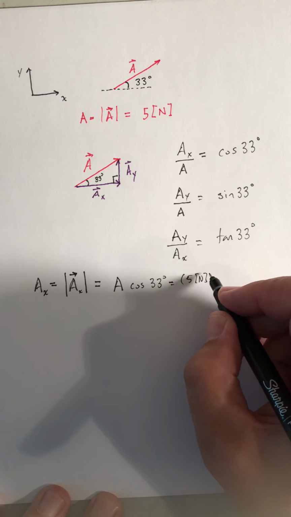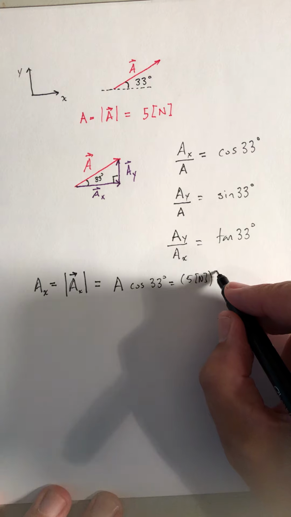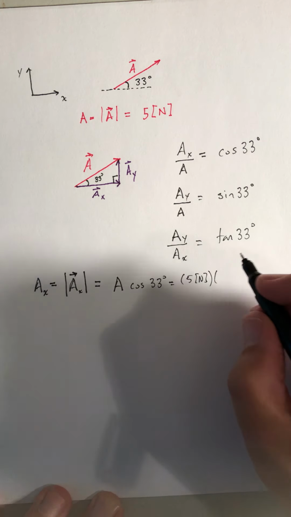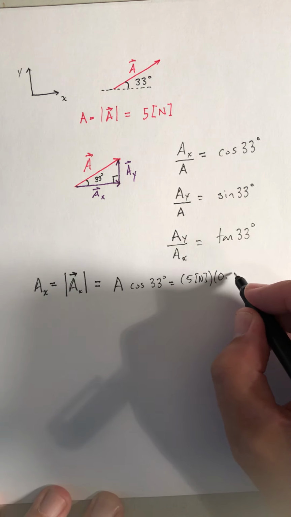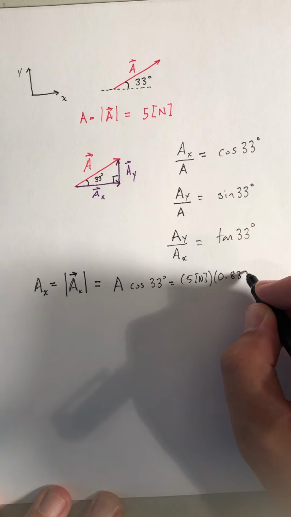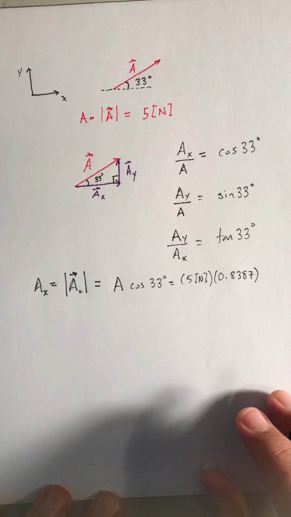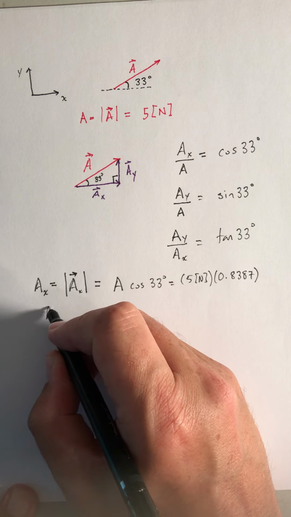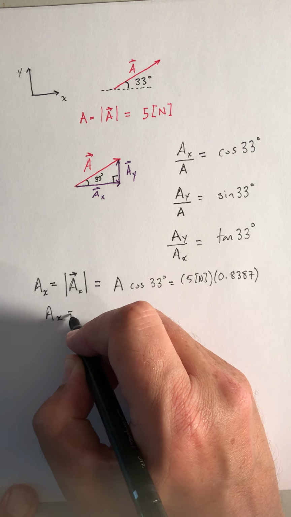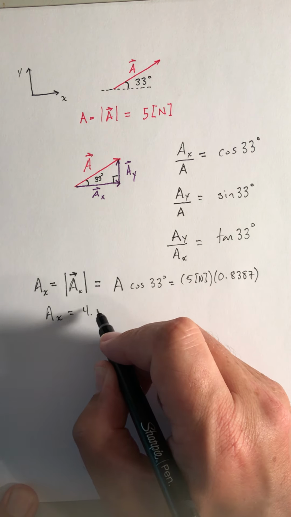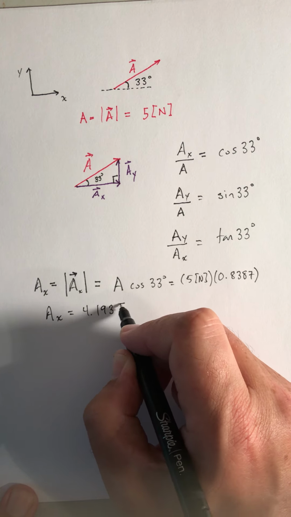So that's 5 newtons, and then keeping a few digits, cosine of 33 gets that to be 0.8387. So that tells me that the x component is 4.193.